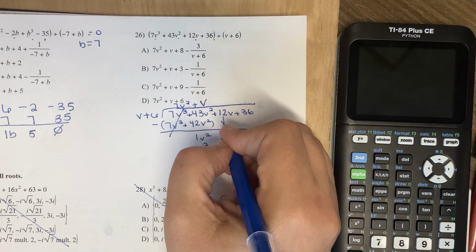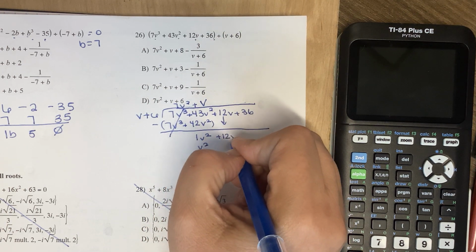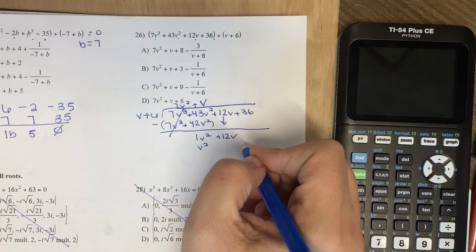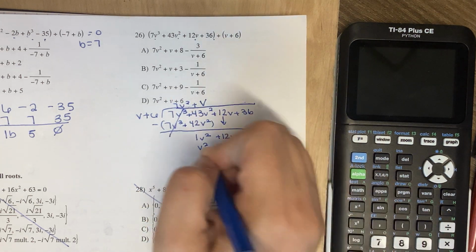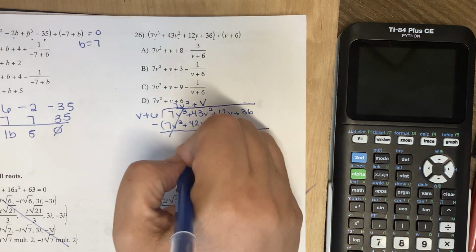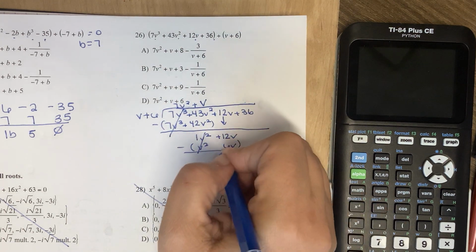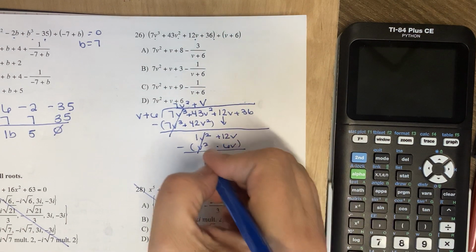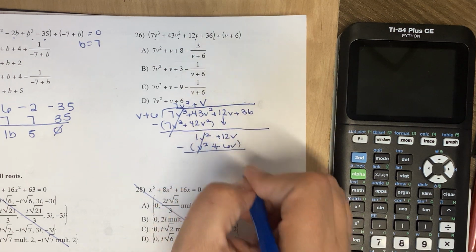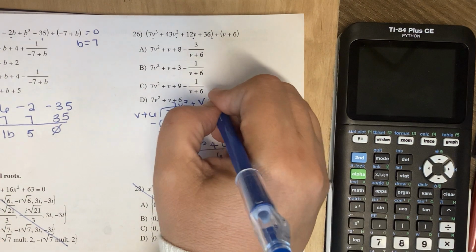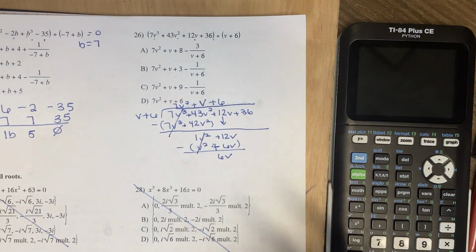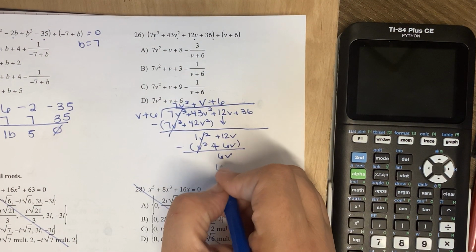Oh, I forgot to bring down the 12v. V times 6 is 6v. But remember, we subtract. Those are going to cancel. And then I'm essentially going to subtract that one. And so that would be 6v. 6 times v is 6v.